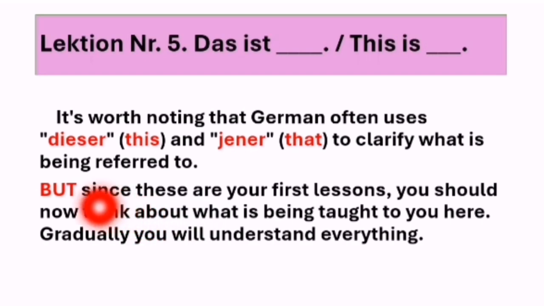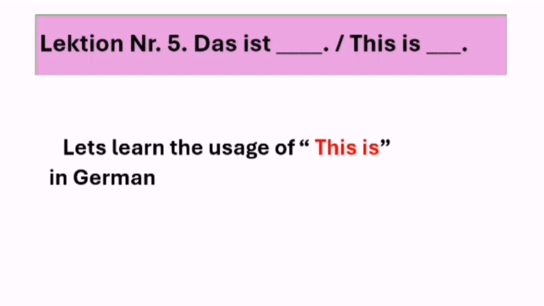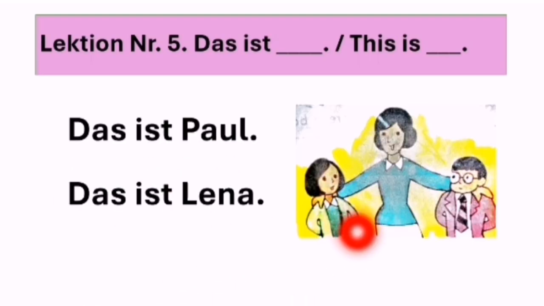So you don't need to think about jene, diese, dieses, okay? Gradually you will understand everything. Just keep watching these videos. Gradually, step by step, you will learn everything in German, okay? So now let's learn the usage of "this is" in German.